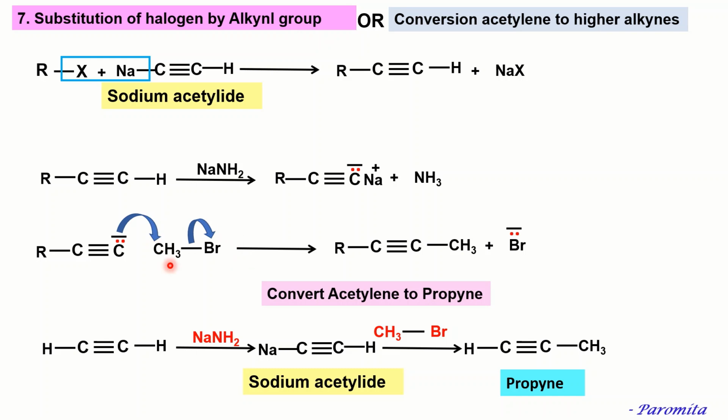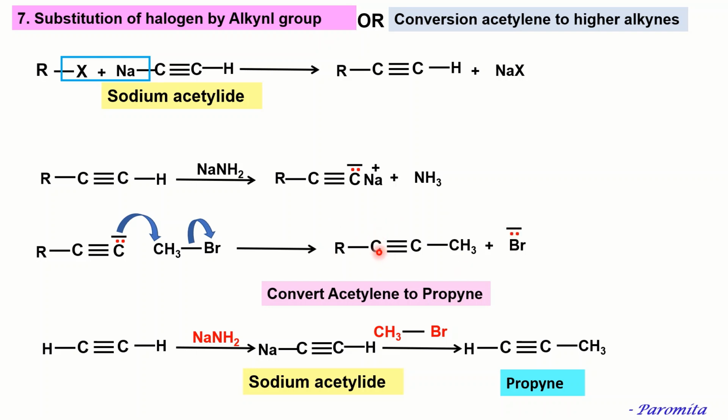Here our alkyl halide is methyl bromide, and we know since Br is electronegative, this carbon is delta plus, so this carbon will invite nucleophile, and right now we have with us this nucleophile. So this nucleophile is attacking this carbon, and carbon-bromine bond is broken, and we are getting this alkyne.